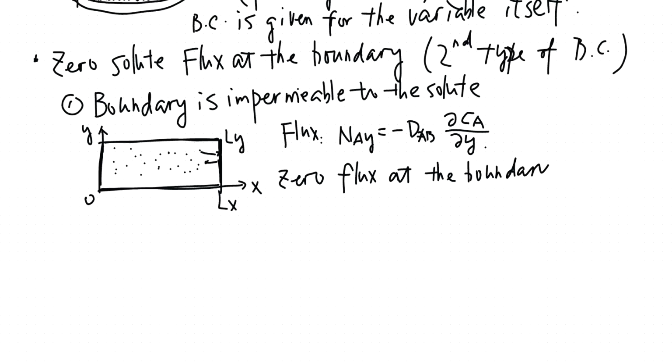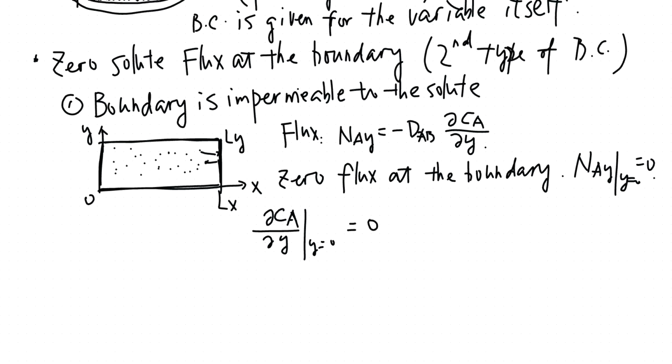Means N_AY on the boundary, for example, let's say at y equal to 0, would be 0. Then the corresponding boundary condition would transfer to partial C_A partial Y evaluated at y equal to 0. Now this is our boundary condition. We call it a second type.